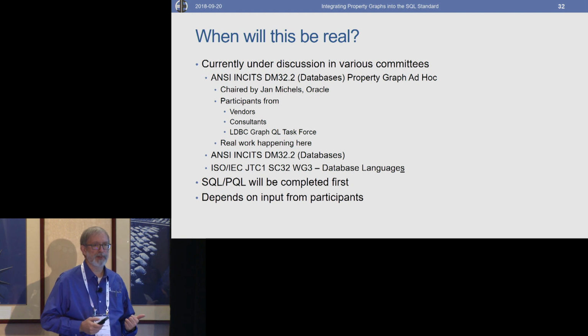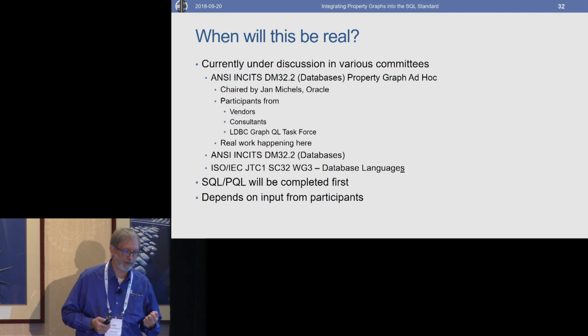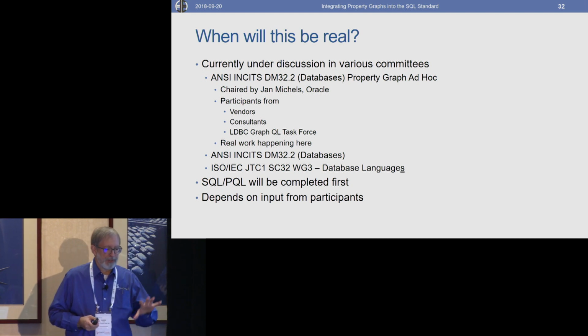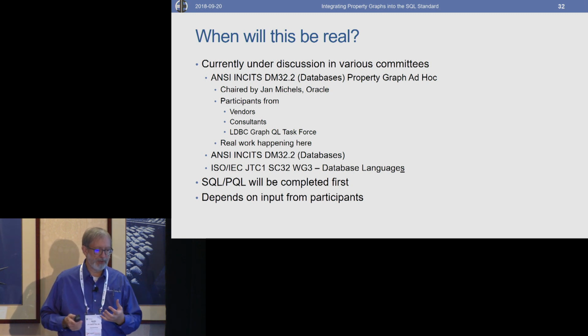It has participation from vendors, from consultants. Occasionally we get people from the LDBC GraphQL task force participating in the meetings. And the work is beginning to bubble up out of that through DM32.2 to SC32 WG3.